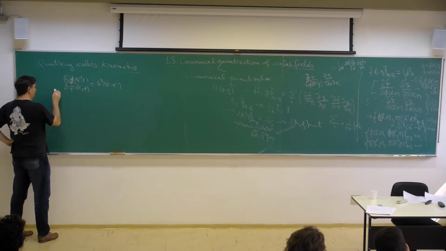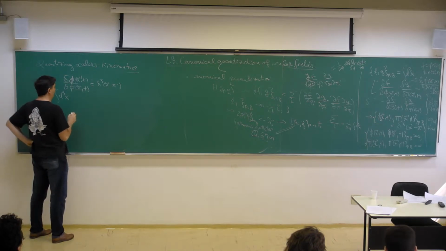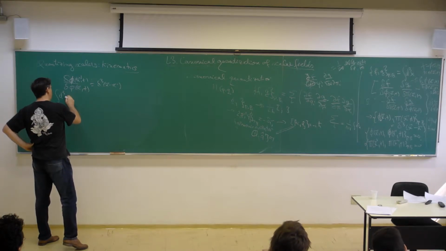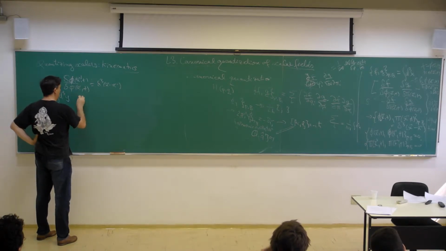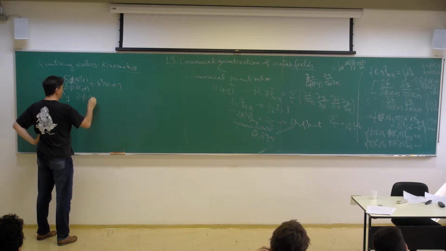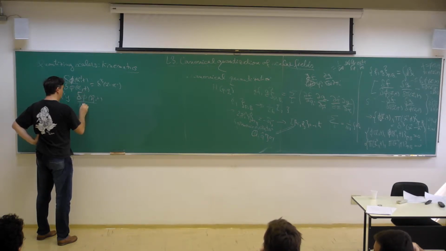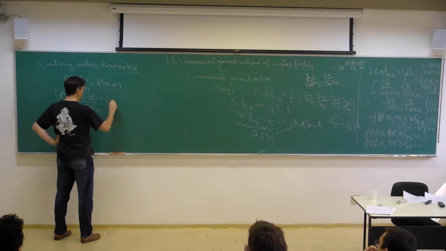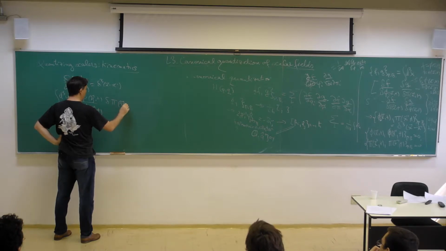So then when I have the term integral d3x, let me call it y, d3y, then I have delta phi of y and t, delta phi of x and t, delta pi of y and t, delta pi of x prime and t, right?